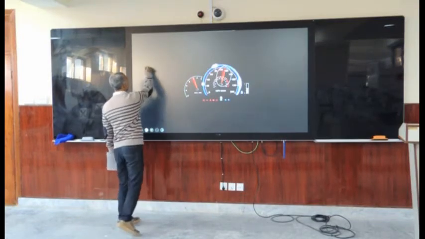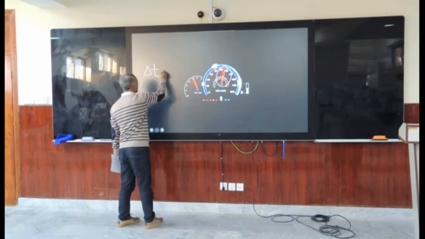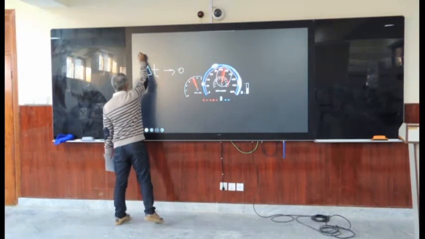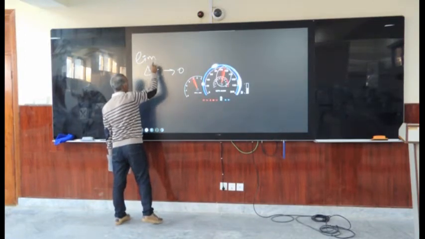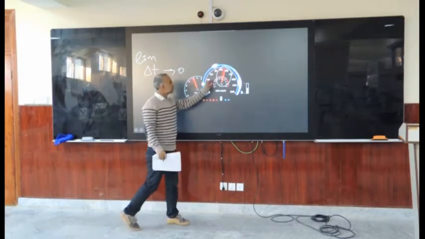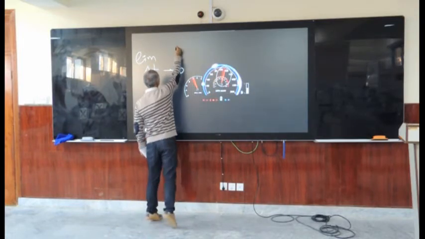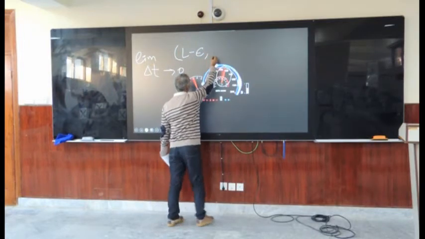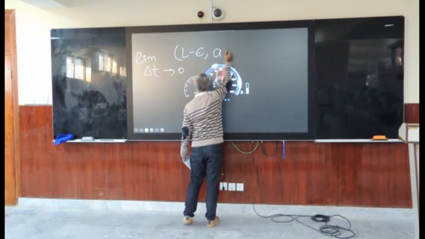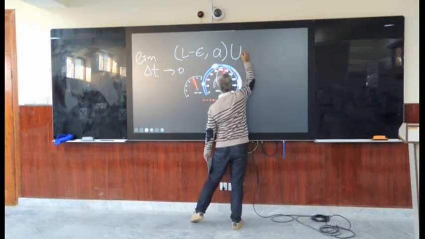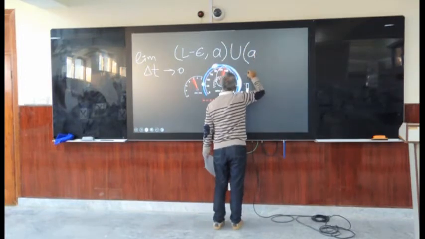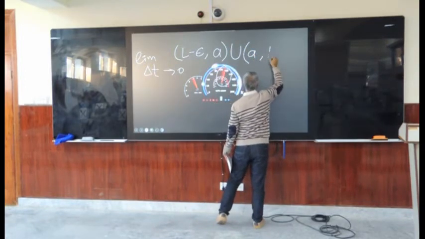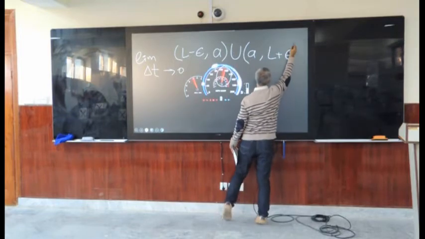That is, once delta t approaches zero, and this is the concept of a limit. And of course it lies in some interval, L minus epsilon to L plus epsilon, where A is a constant.